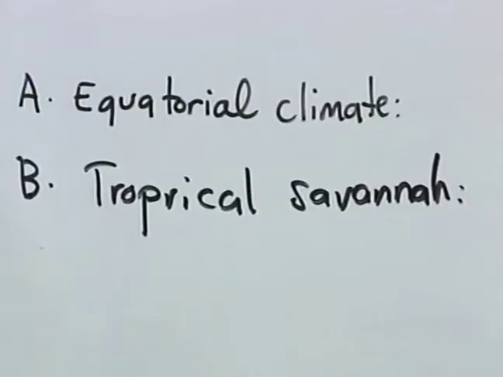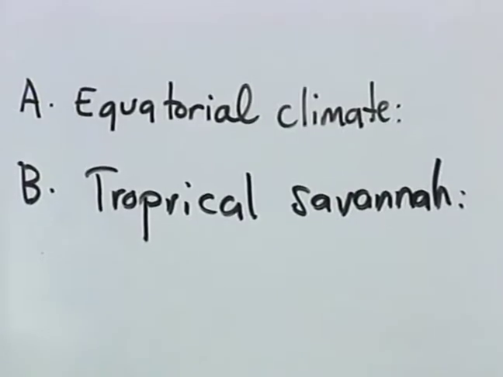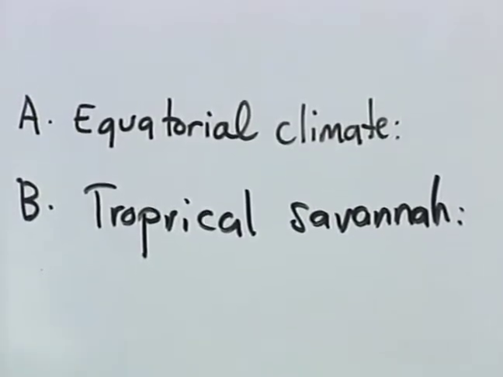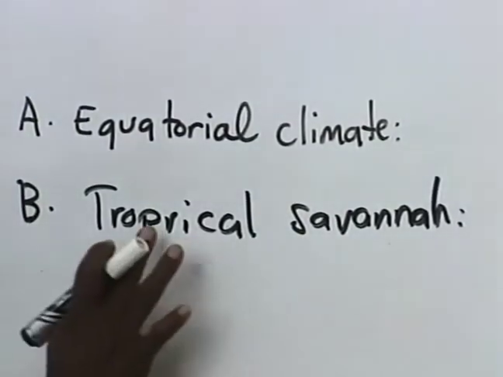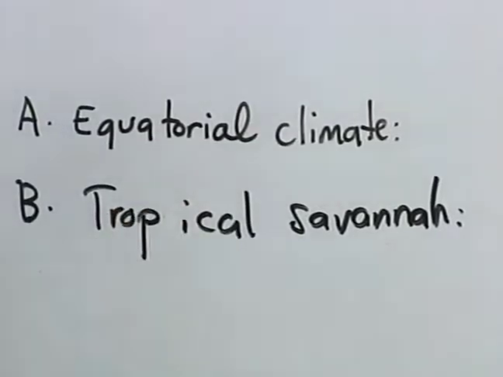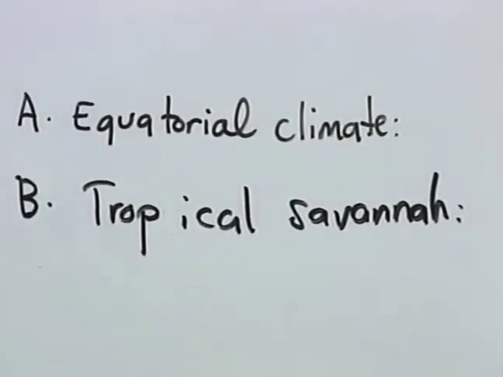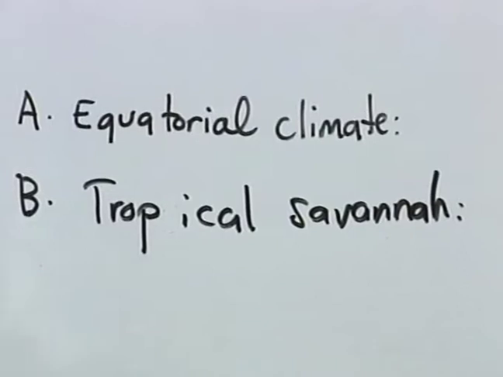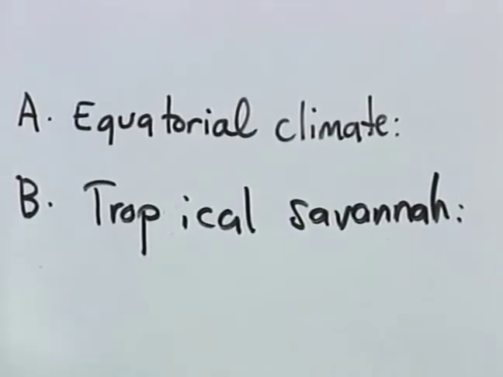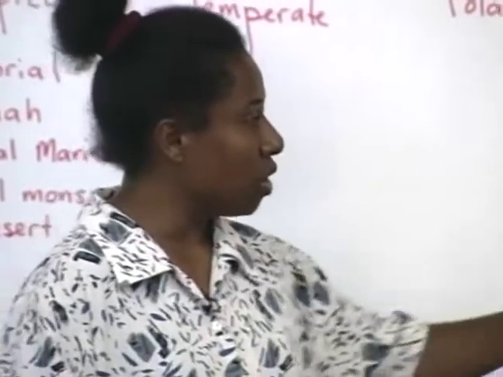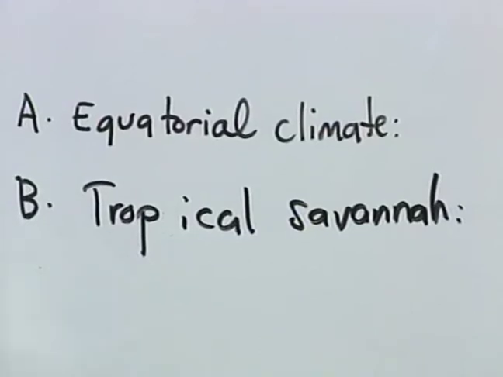The tropical savanna climates or environments can also be referred to as the tropical continental. So when we talk about the tropical continental environment, we are referring to the tropical savanna.